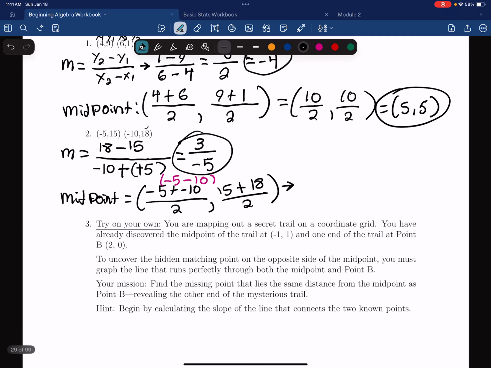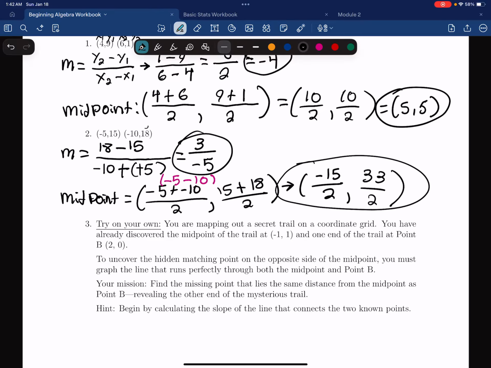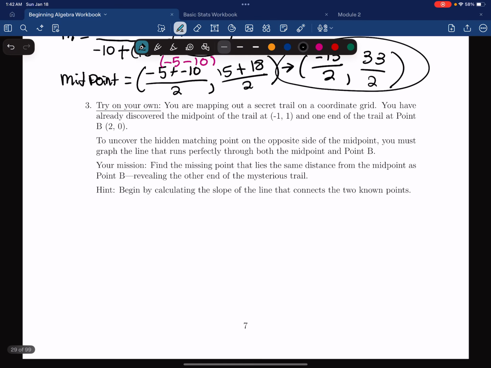So we're going to get negative 15 divided by 2. And then 15 plus 18 is 33. We're going to divide that by 2. Well, because negative 15 and 33 aren't even numbers, they aren't divisible by 2, so we can just say that this is our midpoint. Alrighty.